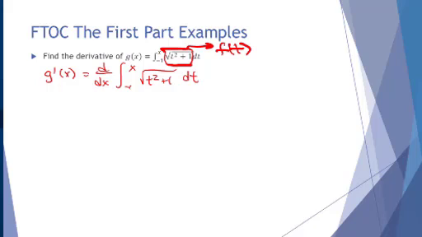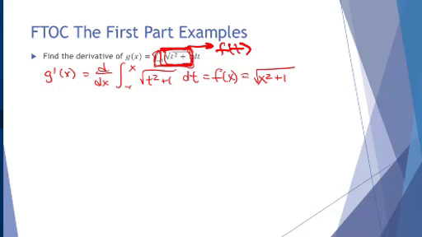The derivative and the integral should undo each other and leave us with f of x. Well, if this is f of t, then f of x is this same function, only everywhere you see t, you write x. So it is simply the square root of x squared plus 1. That's it. That is the derivative of the function.